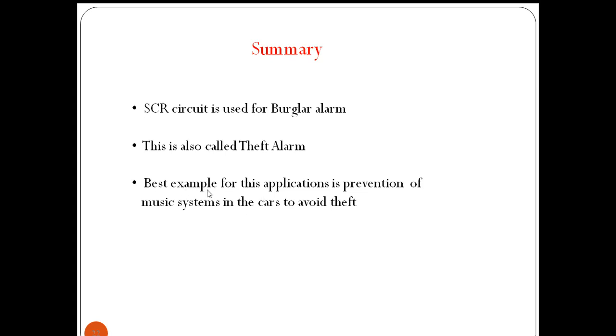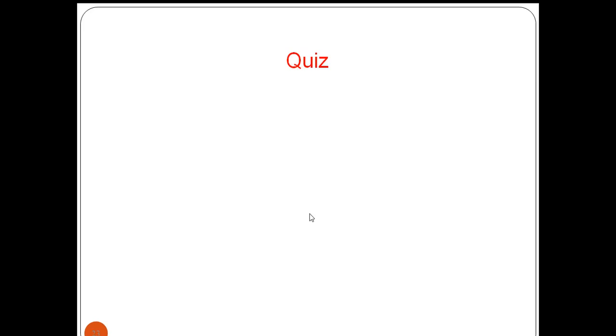The best example for this application is protecting music systems in cars to avoid theft. Batteries are used to support the circuit. Based on these two applications, we will attempt a small quiz.